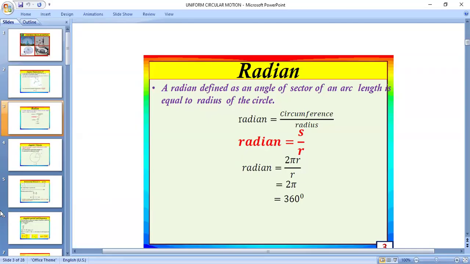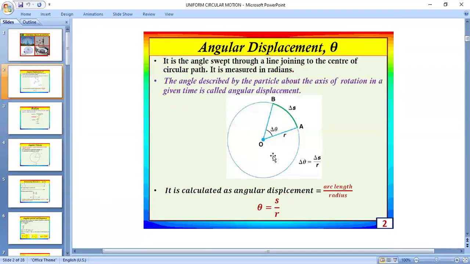Now, where the 360 degrees is coming from, how do we say that the circle subtends 360 degrees at the center? Let's now look at the whole circle here. A body coming from A, it revolves around and comes back to A. Then we can say that theta, which is angular displacement, will be equal to the circumference, because it's the whole revolution, divided by radius.